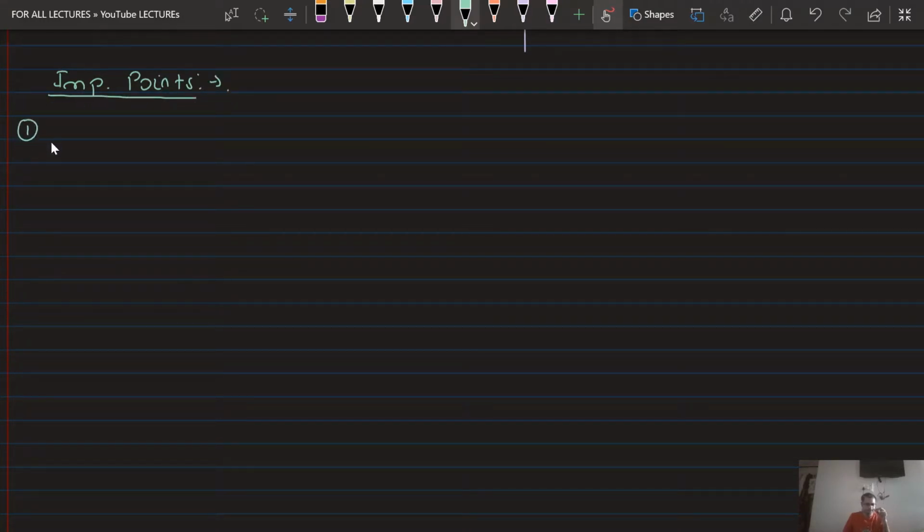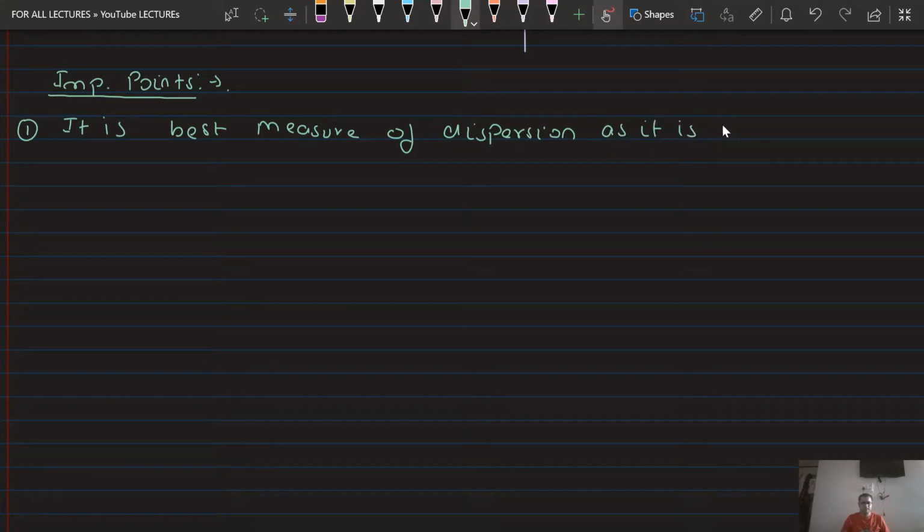So the point number 1, it is the best measure of dispersion as it is based on all observations.